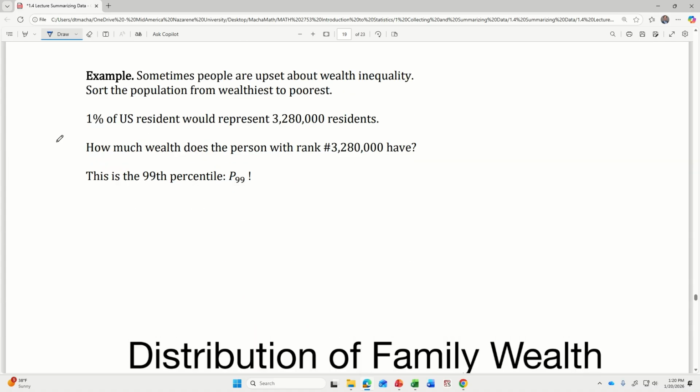Give you another example. In the United States, we have 328 million residents. So 1% of the US population would be 3,280,000 residents. If you found the person who ranked number 3,280,000, that person would say, I have the 99th percentile in wealth. Right? They're 1% away from being at the top.